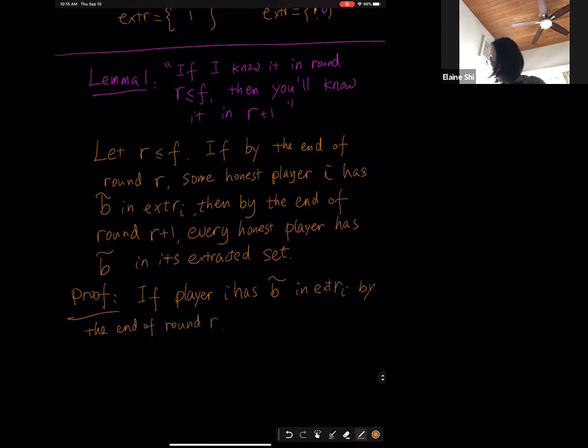It means player i must have added B tilde during some round, either in round R or earlier.